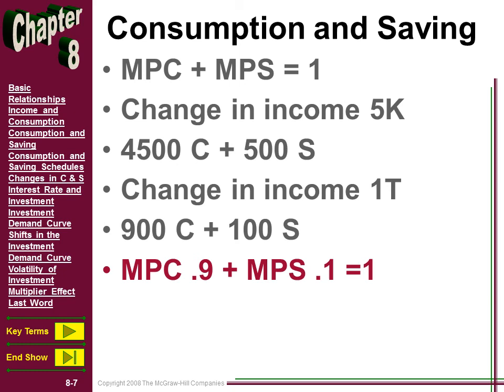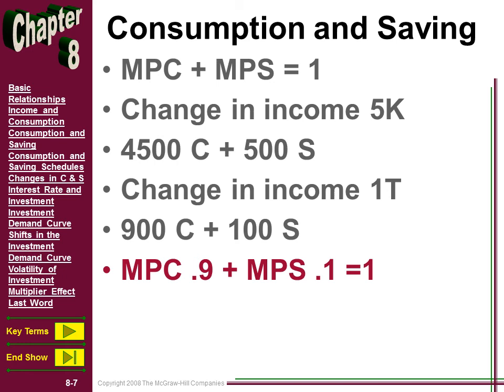And likewise, if the person saved 500 of the 5,000, right, the marginal propensity to save is the change in savings over the change in income. So 500 divided by 5,000 equals 0.1. Right? And again, 0.9 of the marginal propensity to consume plus 0.1 marginal propensity to save equals 1.